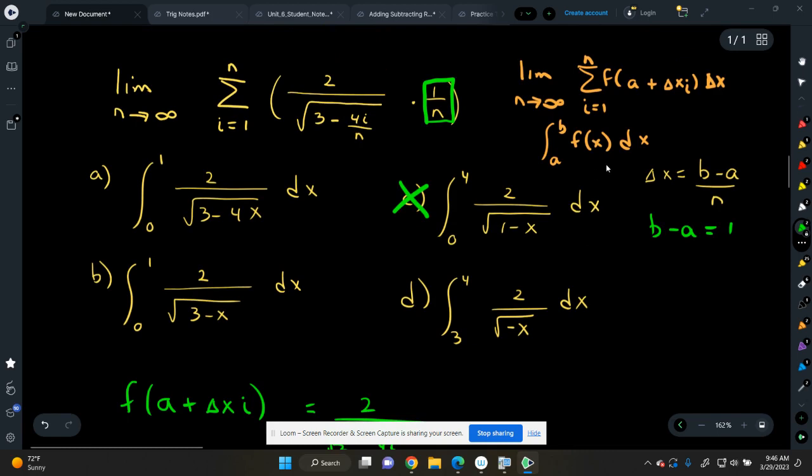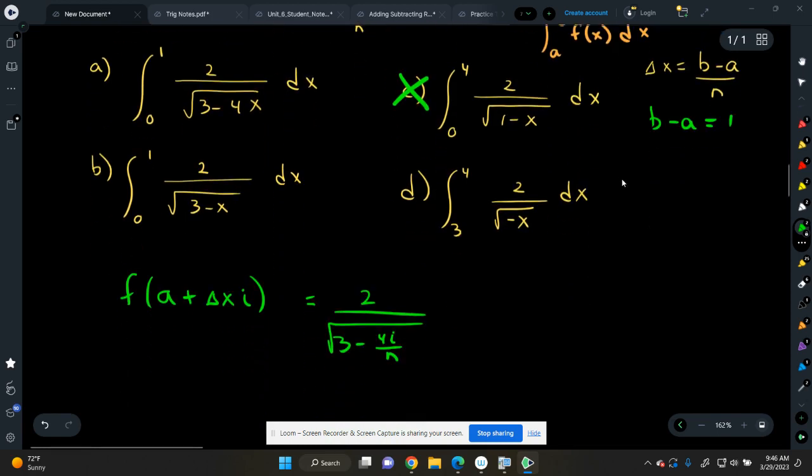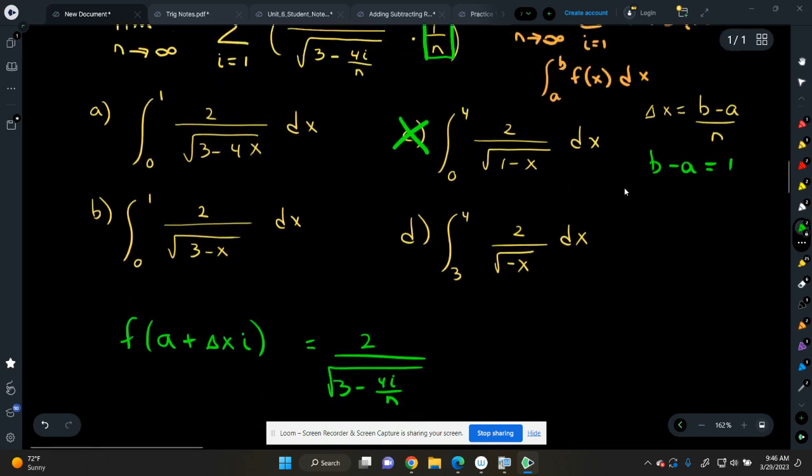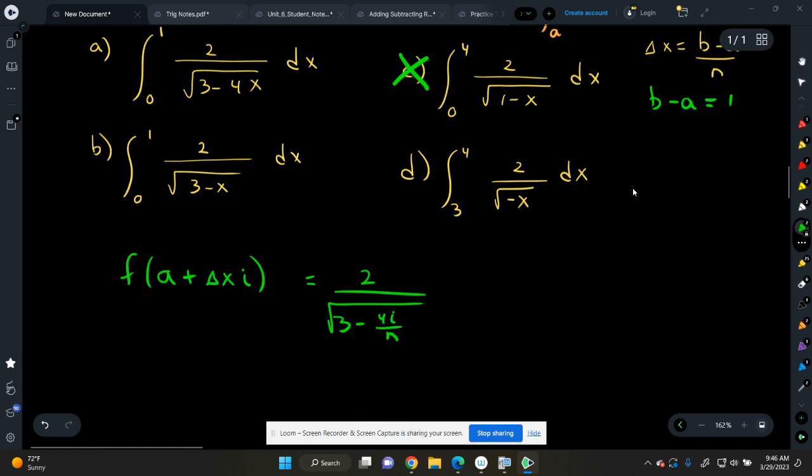And my a is either 0 or 3, right? So that means we can definitely eliminate D, because I'm not going to get 3 minus 4i over n as negative x. Okay, so then how do I choose between A and B?